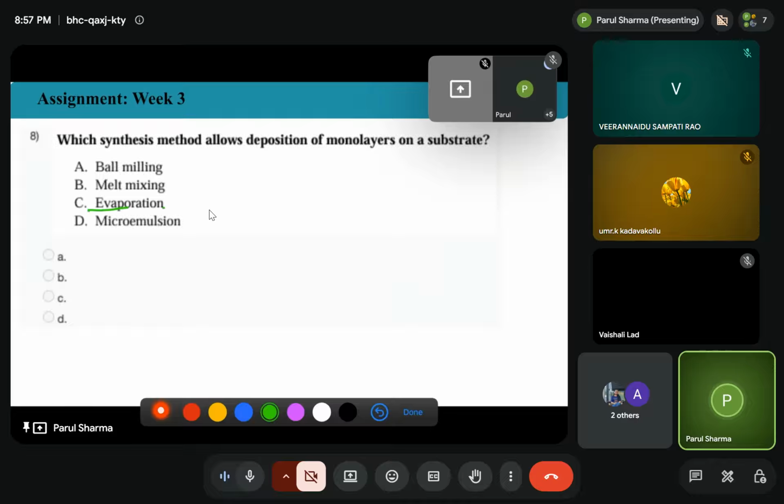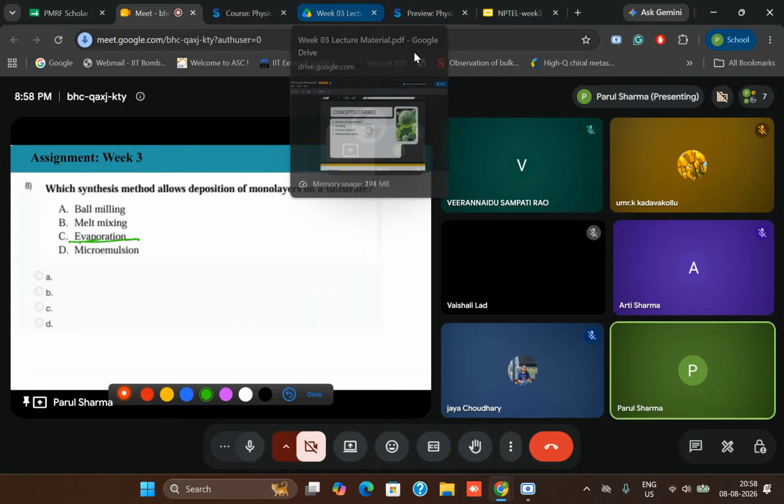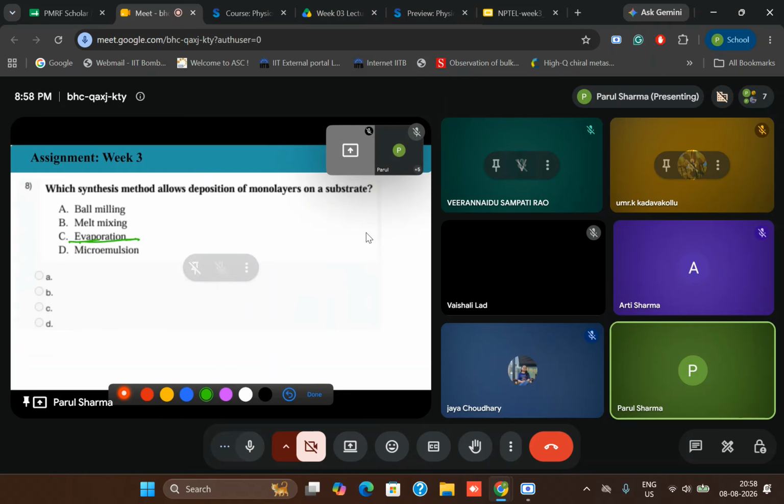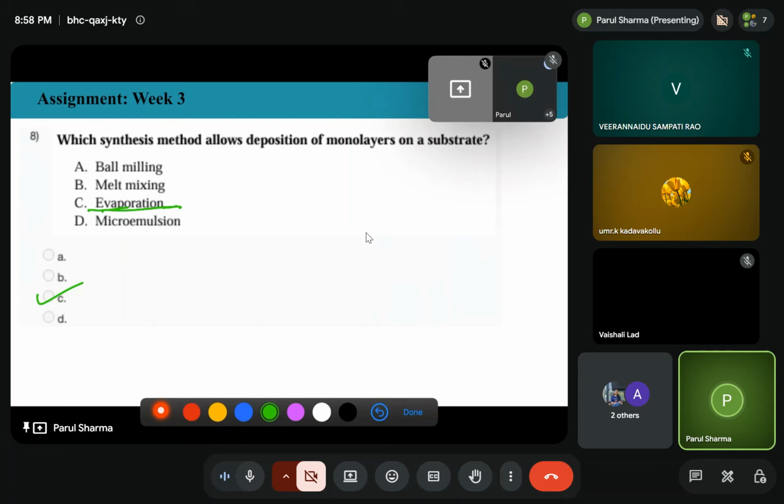Only evaporation, where the target material is evaporated and condensed onto the substrate, does. So the correct answer is evaporation. Using evaporation, we can deposit the monolayers.